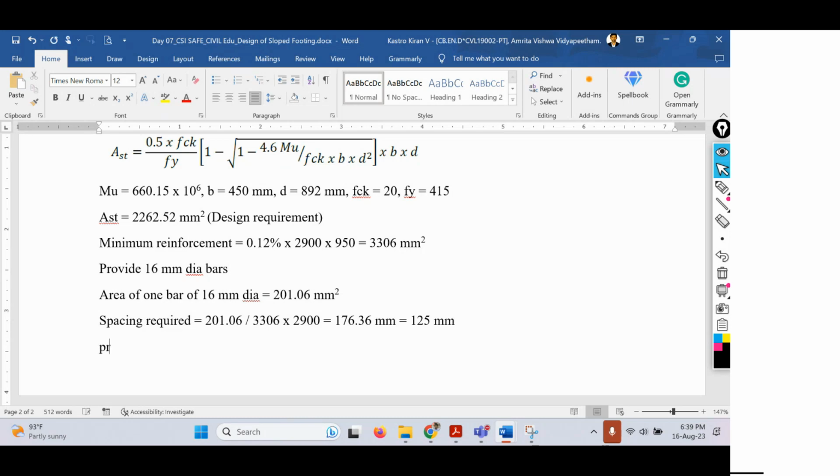So therefore, provide a spacing of 125 mm center to center. So from this, area of steel provided, AST provided, so how to find out this AST provided value?